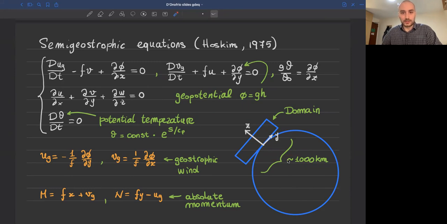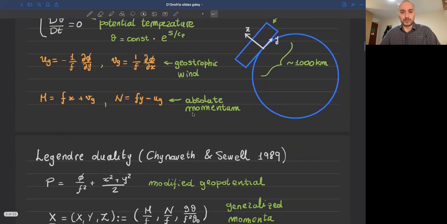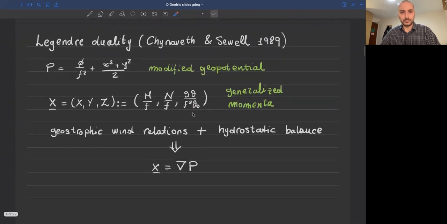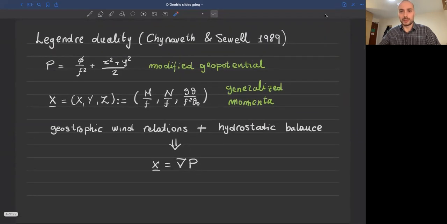Okay, so I guess that we are done for what concerns the modeling aspects of the model. So we can move on. Now we're going to describe an important observation made by Chenoweth and Sewell about semigeostrophic equations.